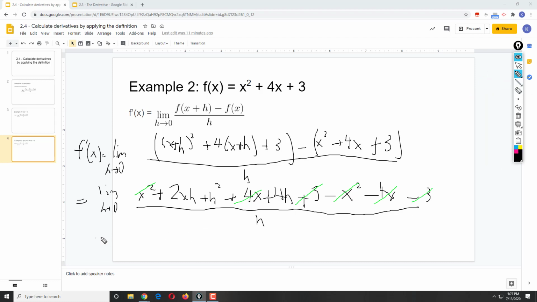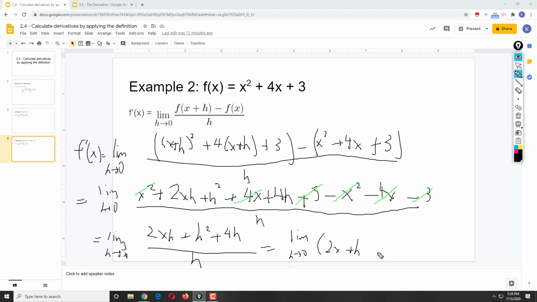So we end up with the limit as h approaches 0 of 2xh plus h squared plus 4h, over h. Divide the top term by h, and we get the limit as h approaches 0 of 2x plus h plus 4.